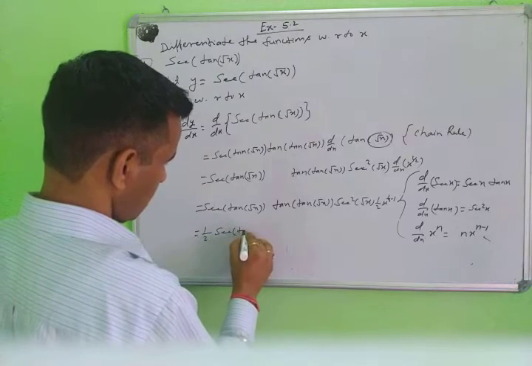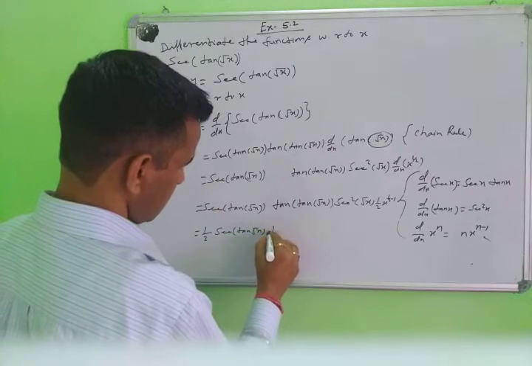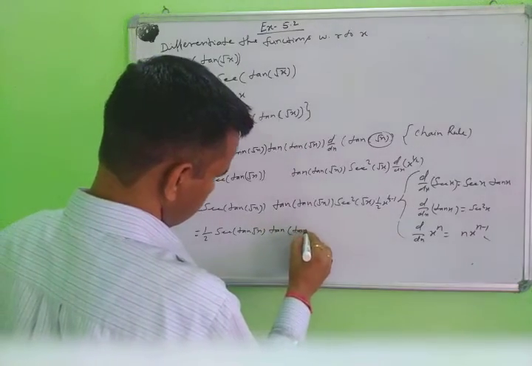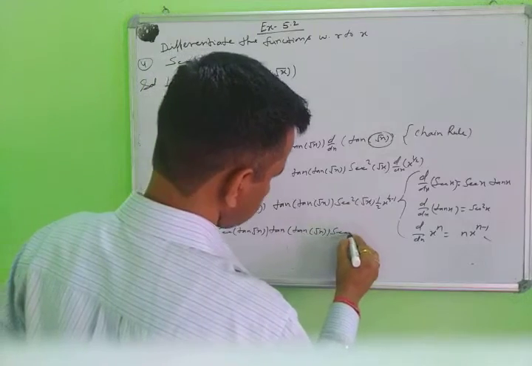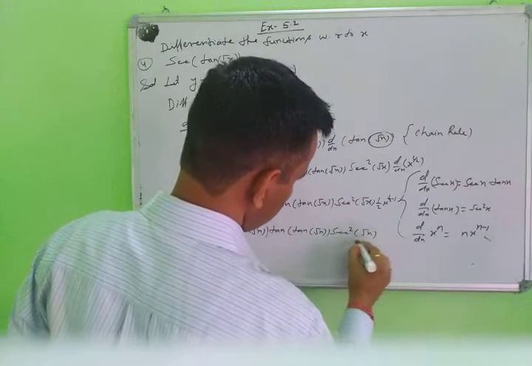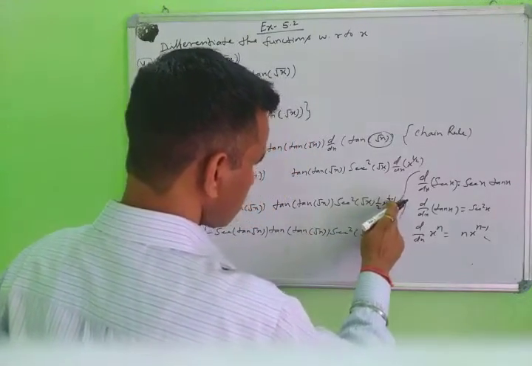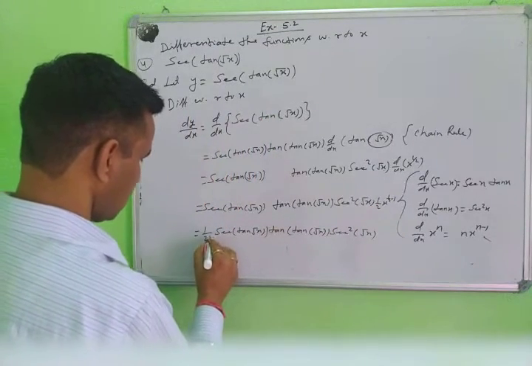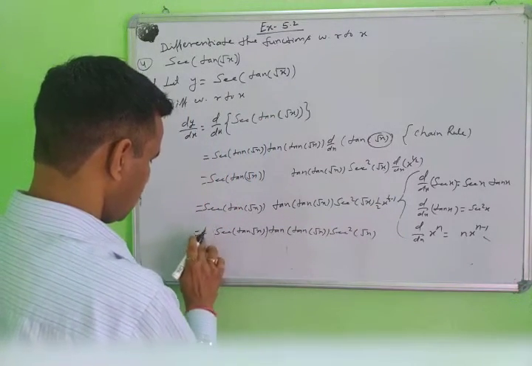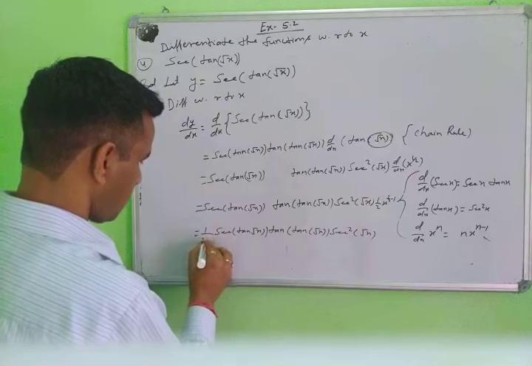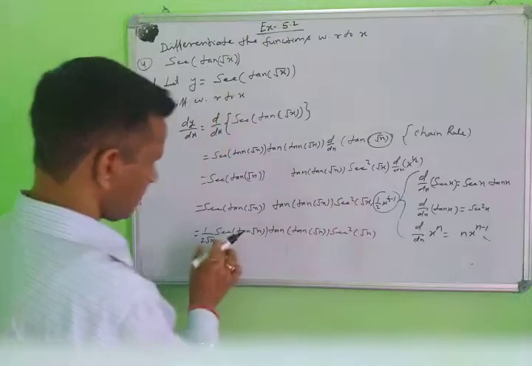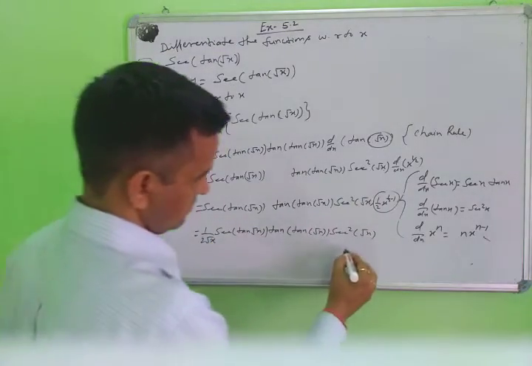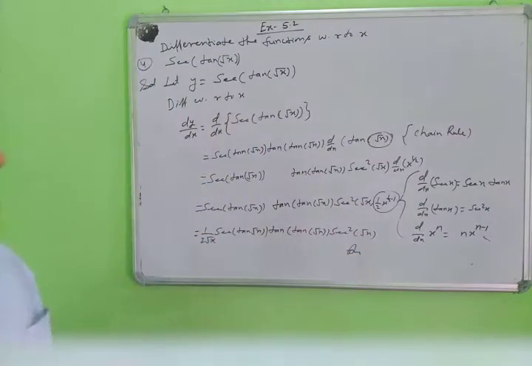Sec tan root x, tan root x and sec square root x. Or this x to the power minus 1 by 2 means root x in the denominator. This will become 1 upon 2 root x. After solving, this portion will become what I am writing here. So this is your answer. This is very simple, calculate and find the answer.